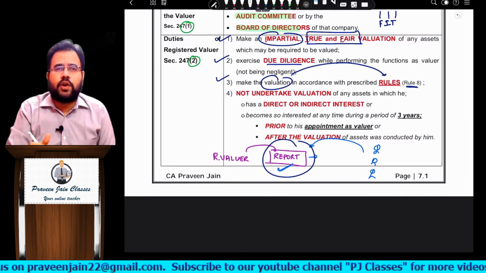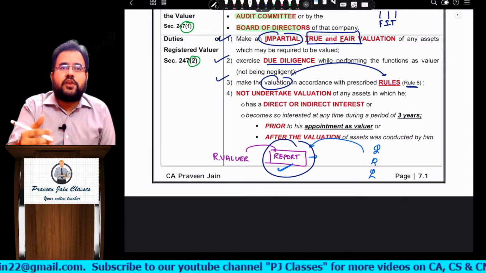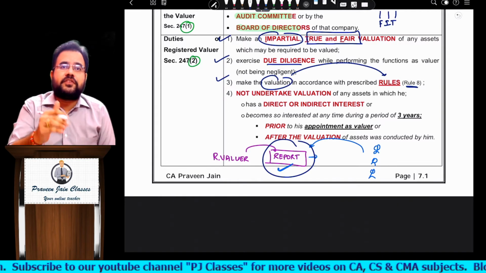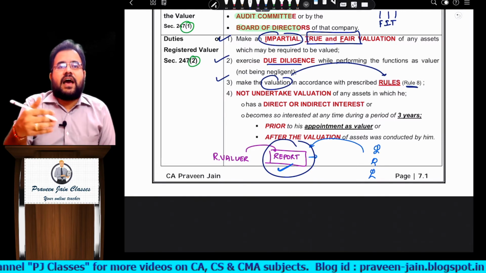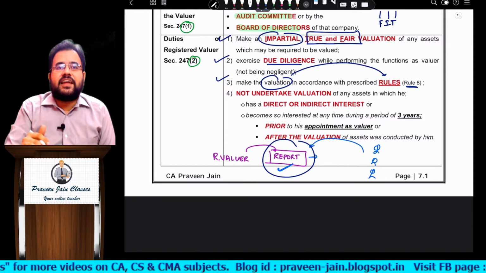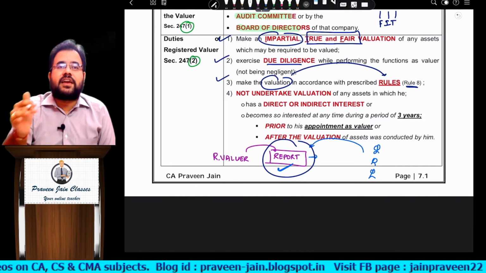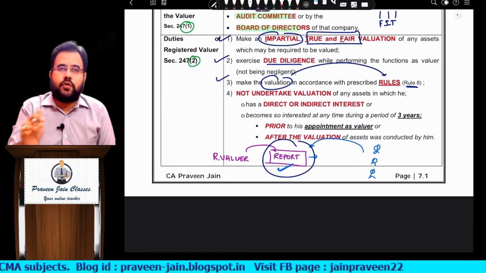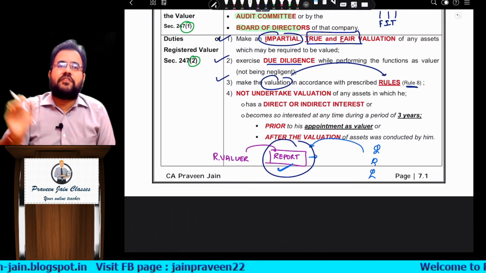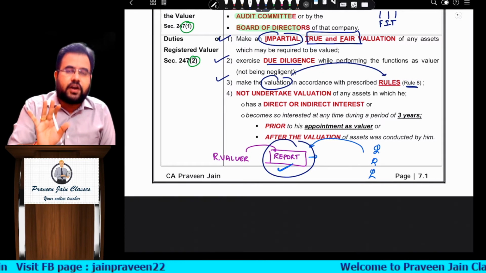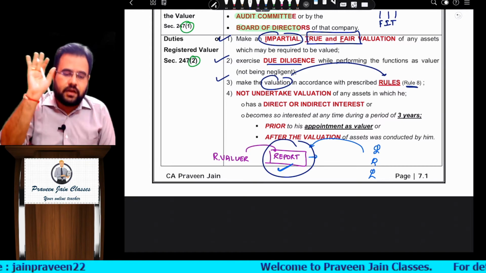So when you see rule number 8, there they say you have to do valuation as per the valuation rules prescribed by CG. जब तक CG does not prescribe any rules, sir, these are to be done by internationally recognized rules or such rules as may be recognized by what you say RVO. Now what is RVO? Registered Valuer Organization, which we will be discussing when we come to the rules. So right now you should understand he should do valuation as per the rules.